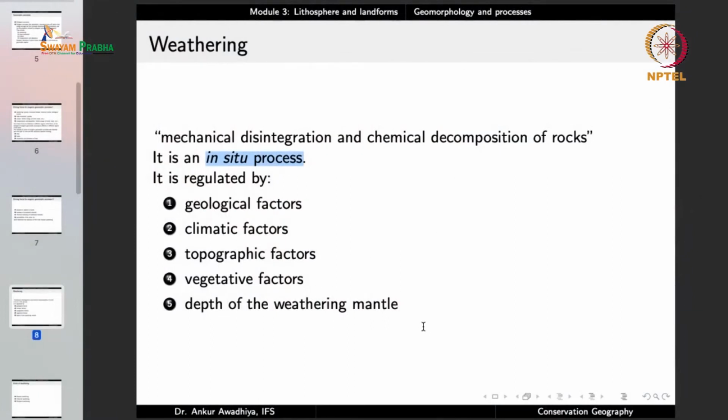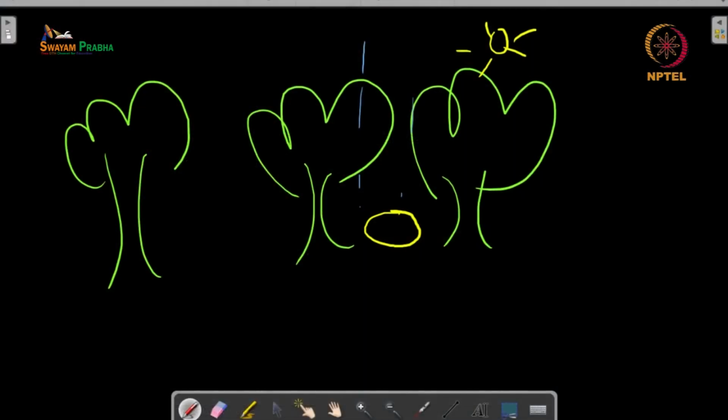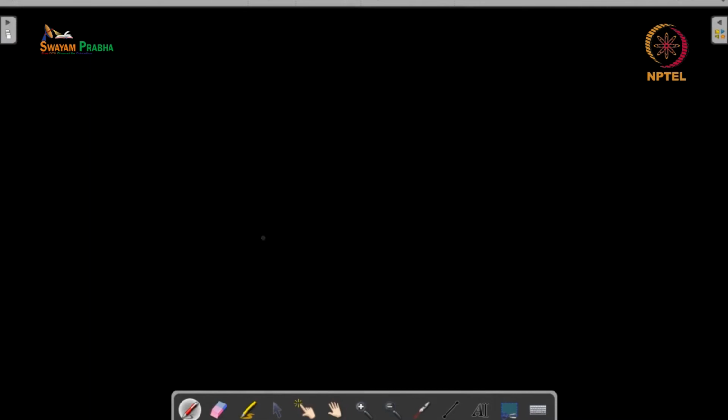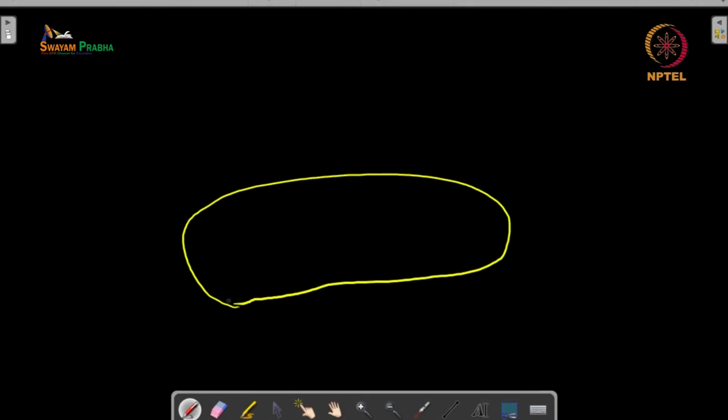Also, the depth of the weathering mantle. What is a weathering mantle? If you consider a rock, and this rock is in the process of weathering. Now, suppose the top layer has already weathered. What happens to the bottom portion?